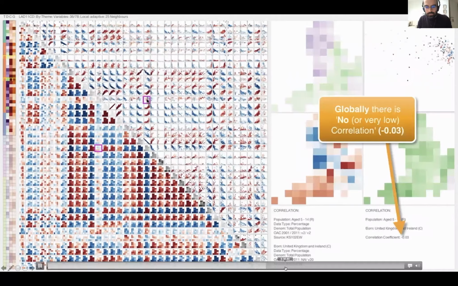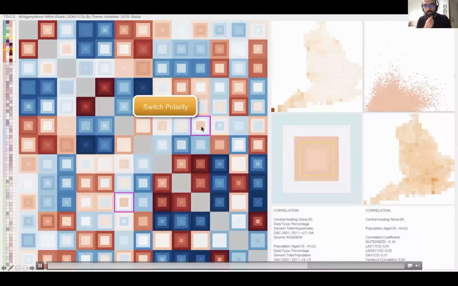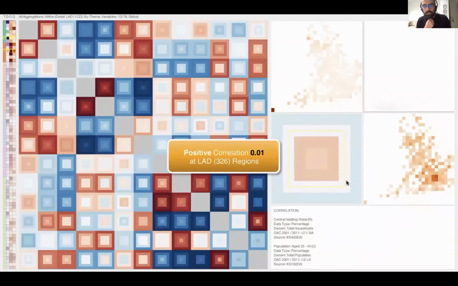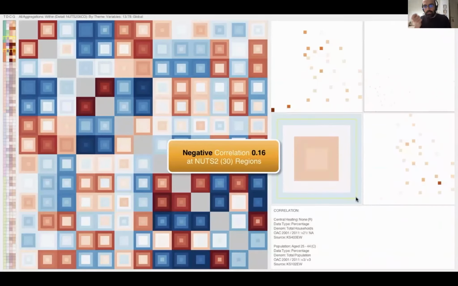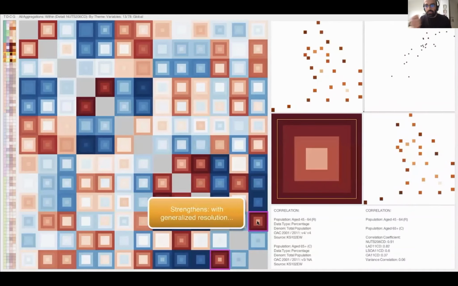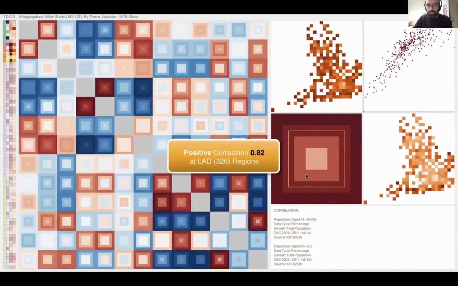We use those glyphs in an interactive interface where, through interaction, users are able to explore the multiple aggregation levels and then see how the statistics respond to that.